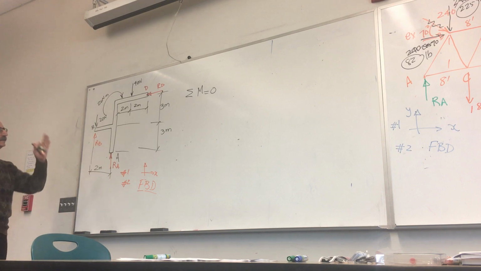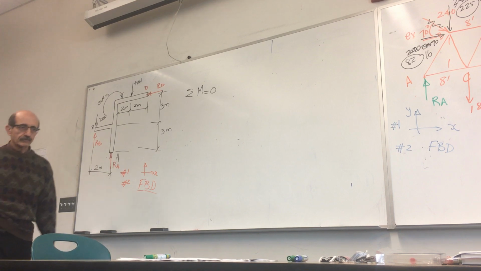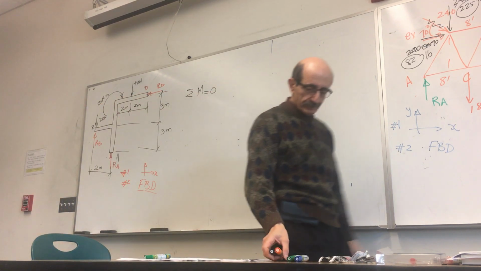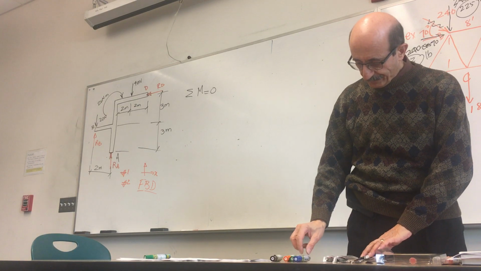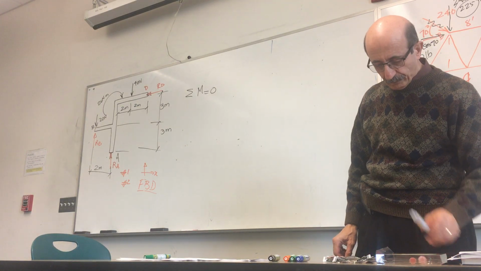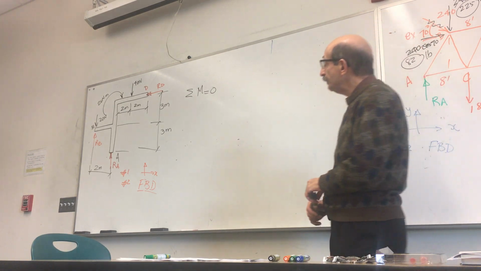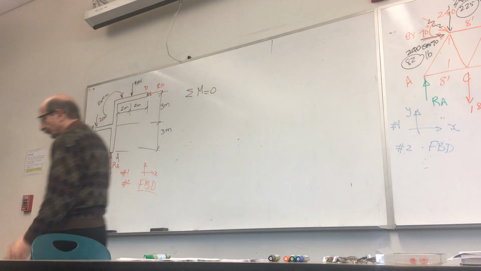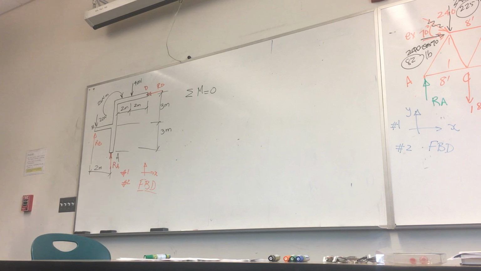Where should I take the summation of moments so that I end up with only one unknown? Remember the concept, you take summation of moments about the point where 2 unknowns intersect. Do you see a point where 2 unknowns intersect here?